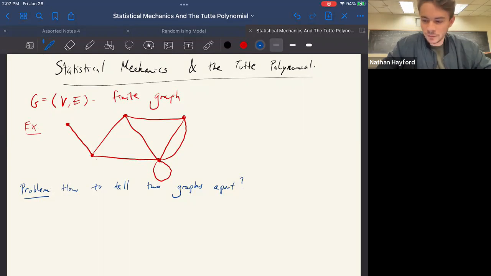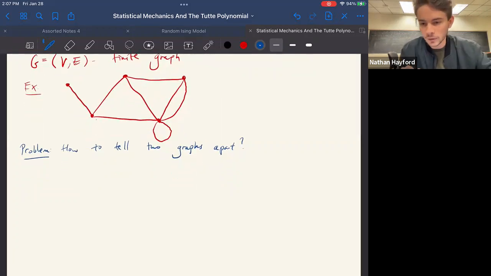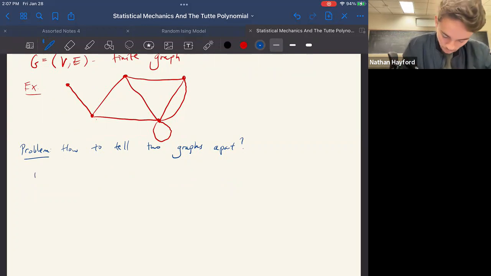Well, I think it's well known that there's no set answer to this. So there's no definitive answer that if I have two graphs, I can tell them apart by this quantity. Like, if everyone's taken topology, you know that surfaces are classified by their genus. But there's no universal invariant which distinguishes graphs, but there is an object which I'll call a partial answer.